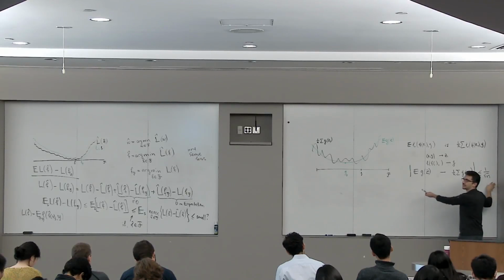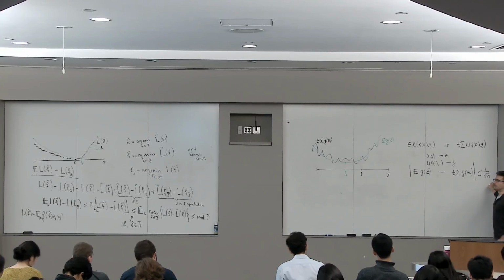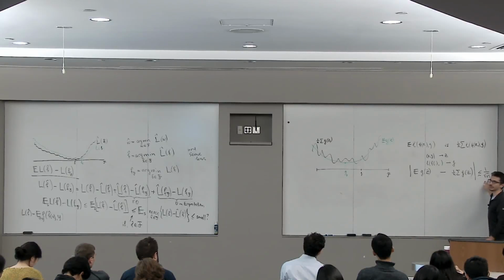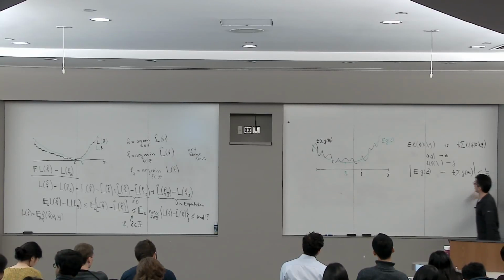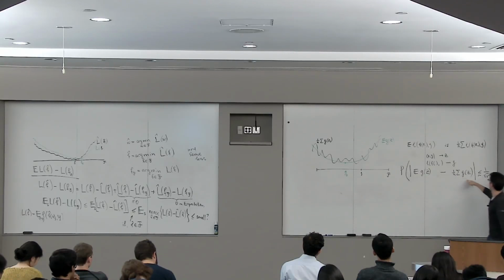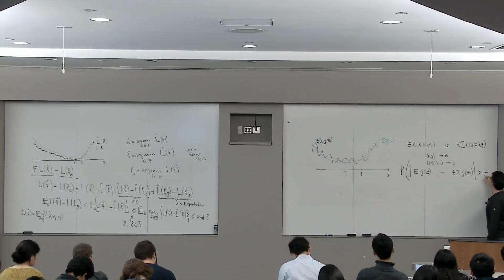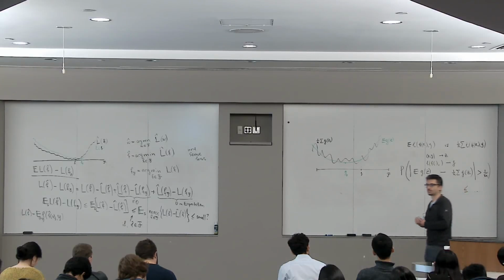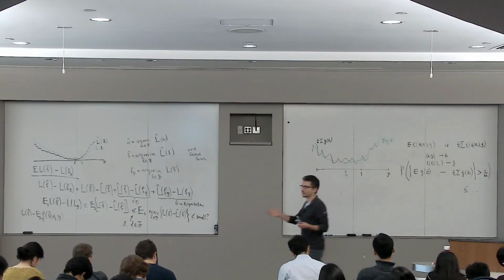Now this is not a precise statement because this is a random variable, so you can't upper bound the random variable by a non-random variable. So I have to say that the probability that this minus that is, let's say, larger than 1 over square root of n is smaller than something, right?